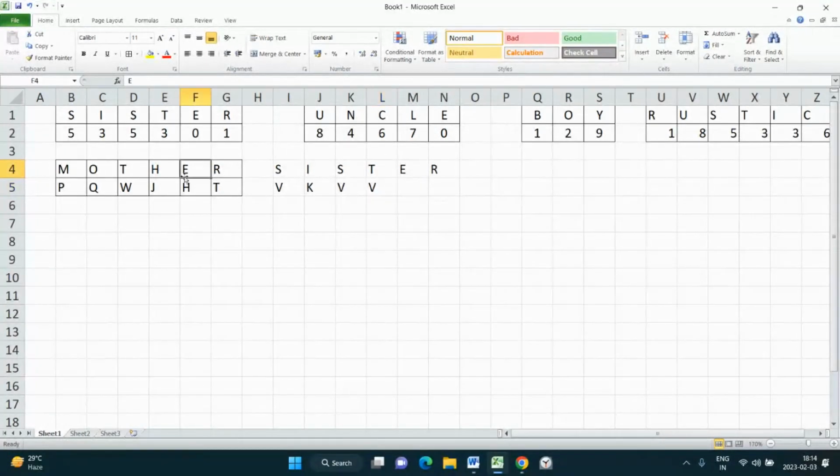Next one is E. E, F, G, H. So in between E and H, there are two letters. So similarly, in between these two, there should be two letters.